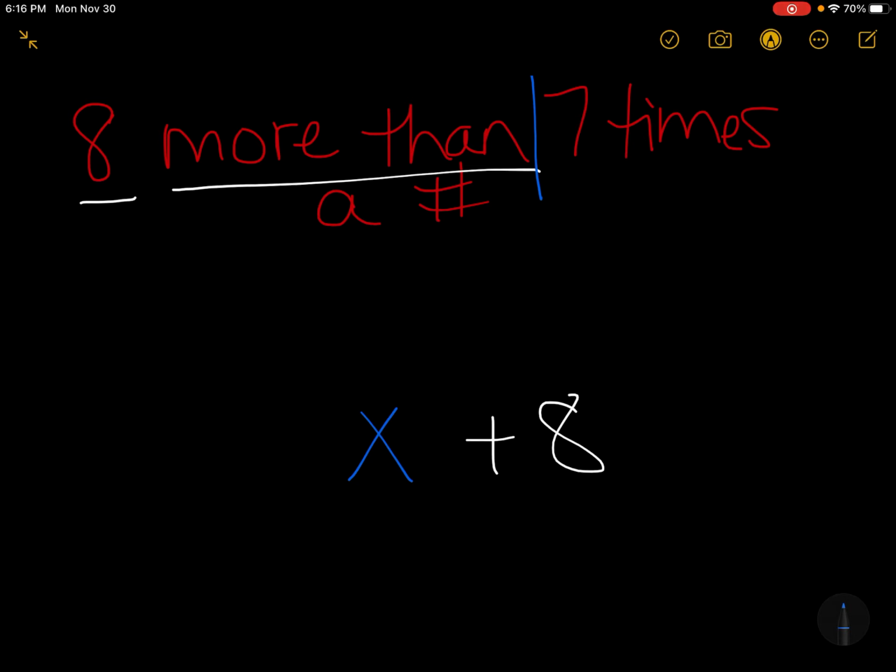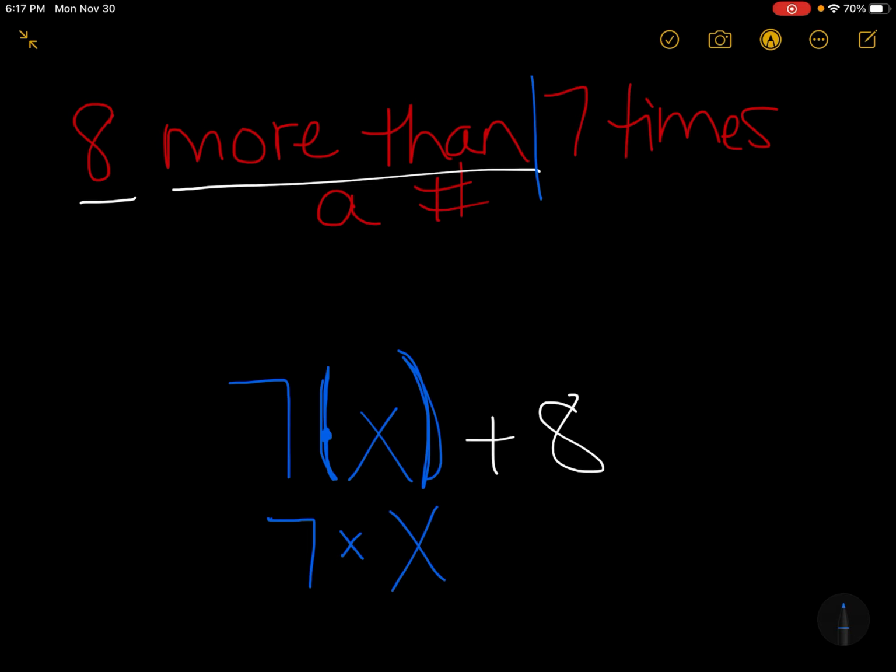And we also need to know that it's 7 times that number. So we could say 7x. We could say 7 dot x, which a dot in the middle like this that's floating can be a representation of multiplication. We could put the x in parentheses so that we're saying those two terms that are smushed together are meaning multiplication, or we could just do 7 times x.